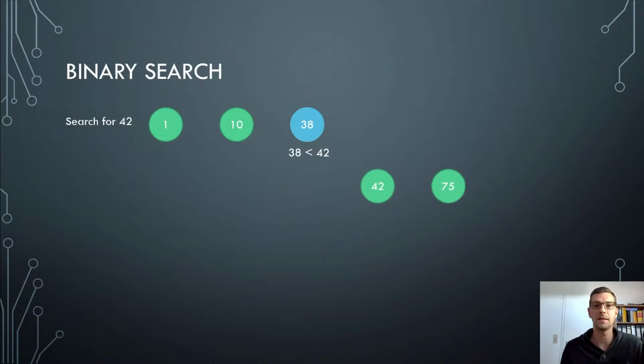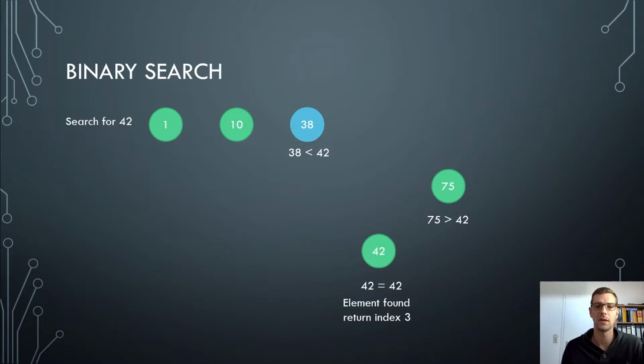Since I decided earlier that I take the bigger element if we divide the index by 2, I do this consistently also on the right side. So here I also take the right element, the 75. This is bigger than 42, so we have to look now on the left side of the 75. So we just have this singleton array with a 42, and this is obviously equal, so we can return our index 3.